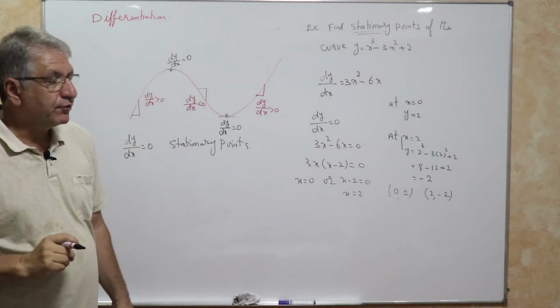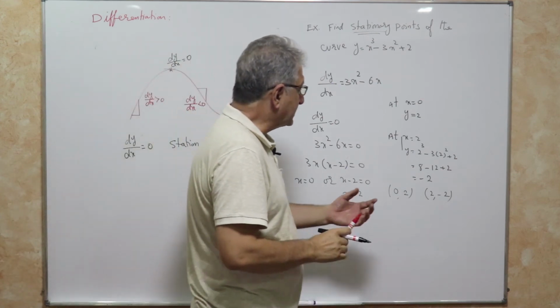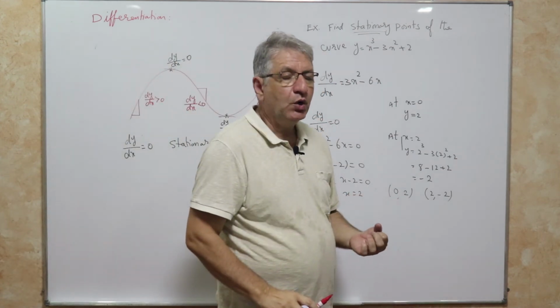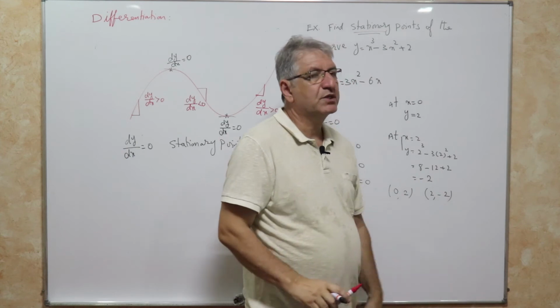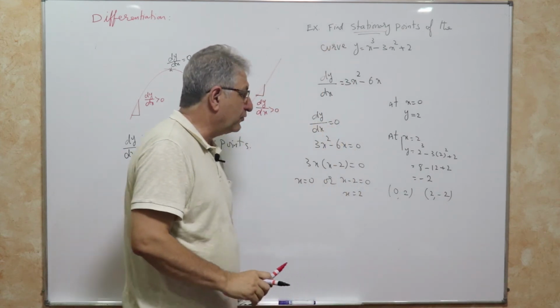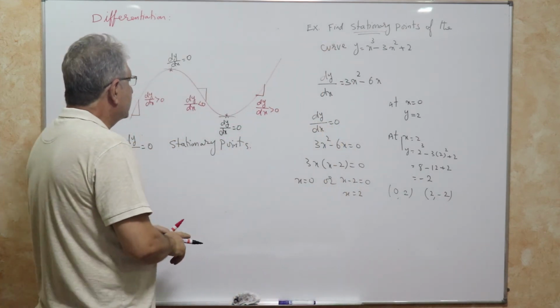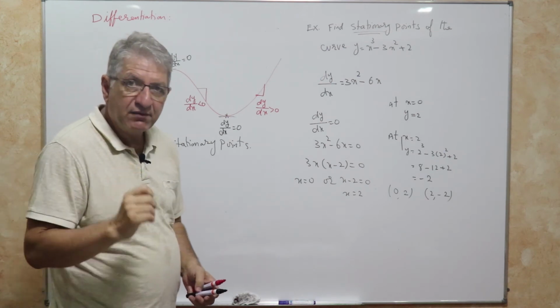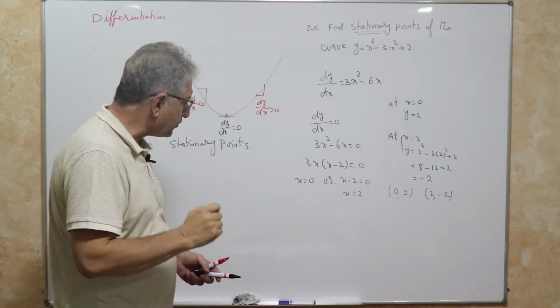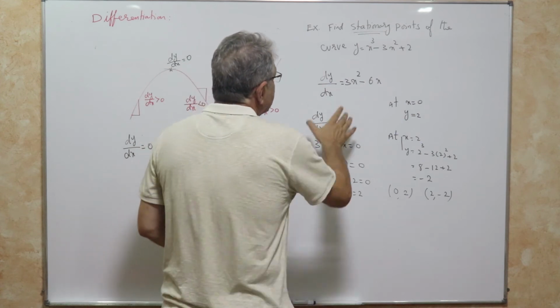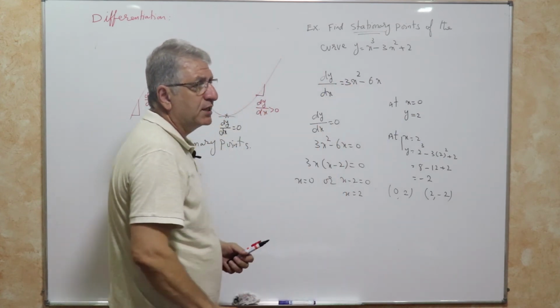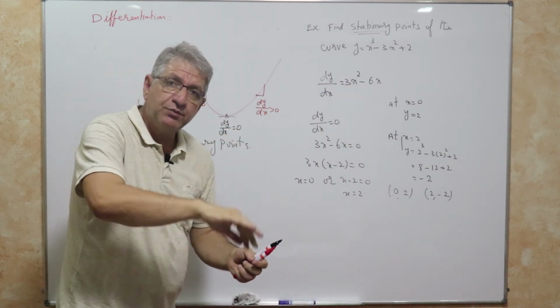Now how do we find which one is the maximum stationary point and which one is the minimum? There are different methods. One of the methods is using the second derivative of the function. What do we mean by that? Already you have differentiated this, now differentiate once more.